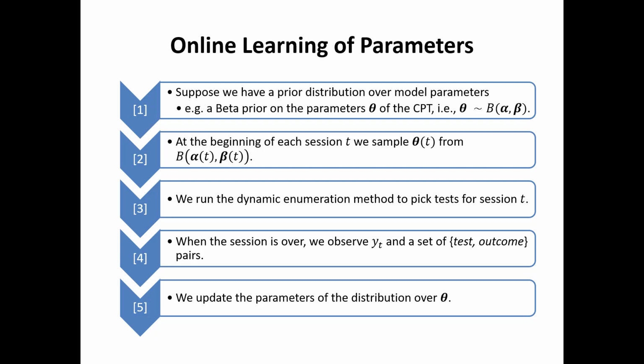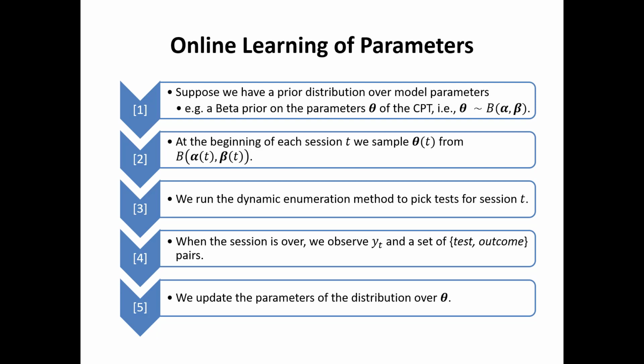Then at the beginning of each session, we sample theta ij's from this beta distribution. Then for this specific problem instance or customer, we run either EC2 or uncertainty sampling or information gain with dynamic hypothesis enumeration and sampling method in order to pick the test for this specific problem instance.